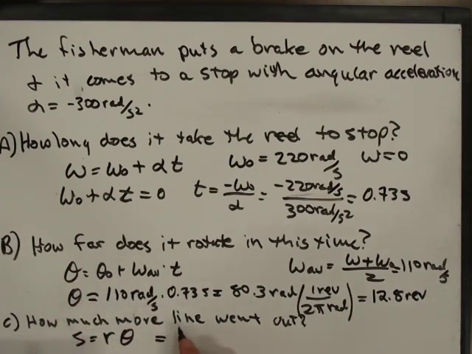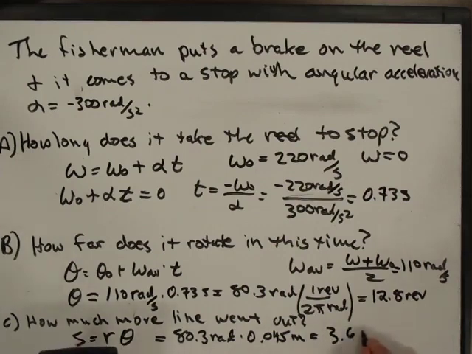And so this is just 80.3 radians times 0.045 meters for the radius, which is 3.6 meters.